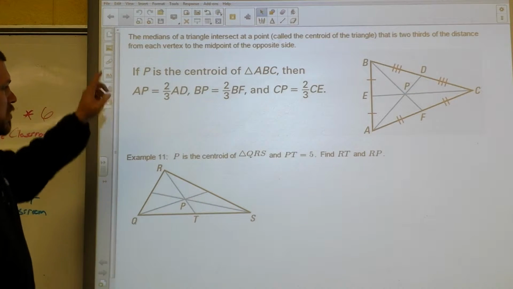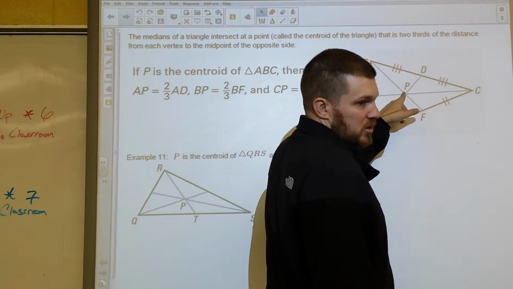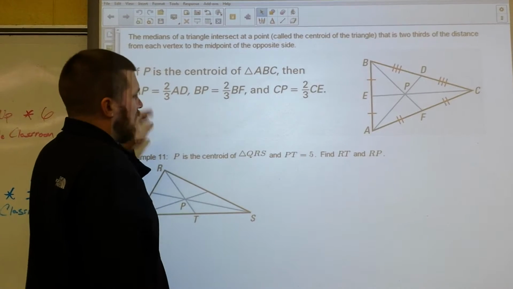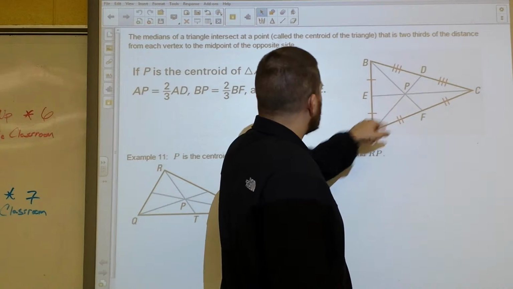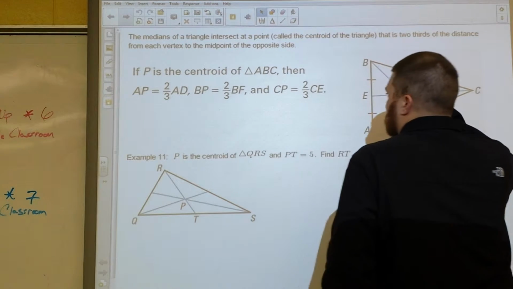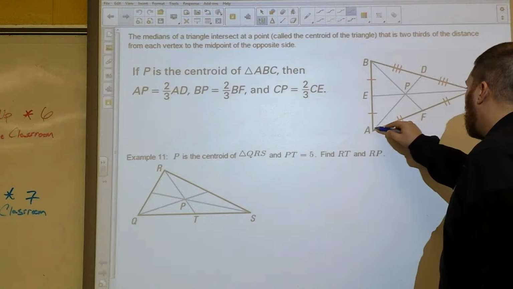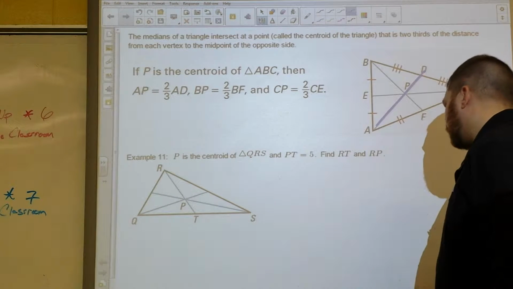So in the picture here, we're told that point P is the centroid of the triangle. That's the point where all the medians of this triangle meet up. That means that AP is 2/3 of the total distance.